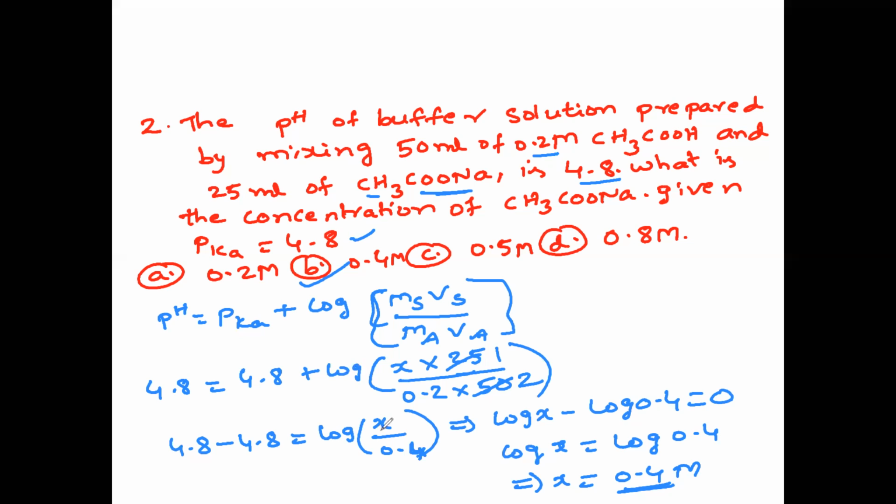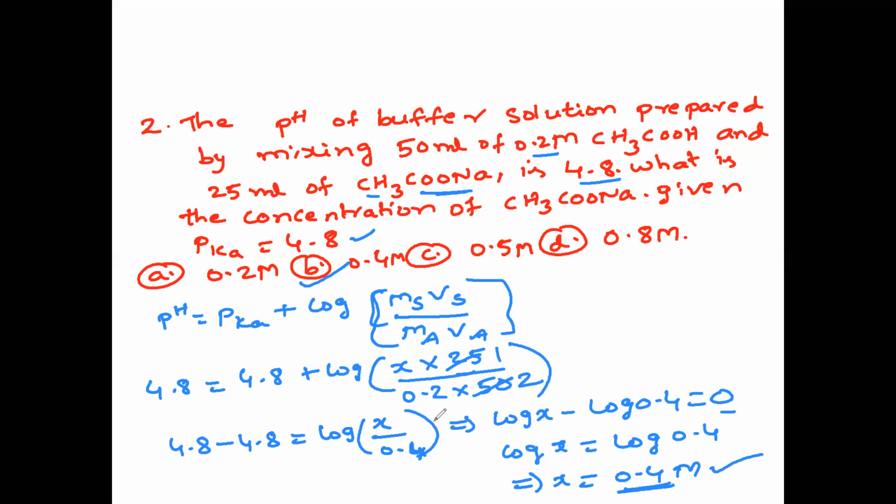Since log of A by B is equal to log A minus log B, log X minus log 0.4 is equal to 0, which means log X is equal to log 0.4. So X is equal to 0.4 molarity.